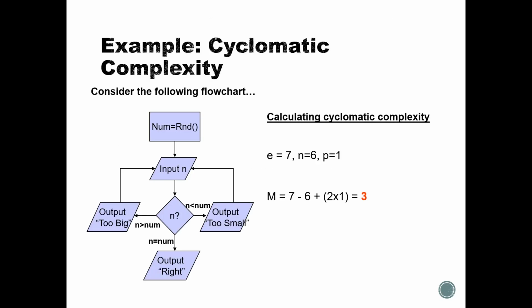So for example, here we have made an activity diagram of one module doing a simple output too big, output too small, guess the number game. So for this, the cyclomatic complexity is 3, because there's 3 unique paths to complete this module.